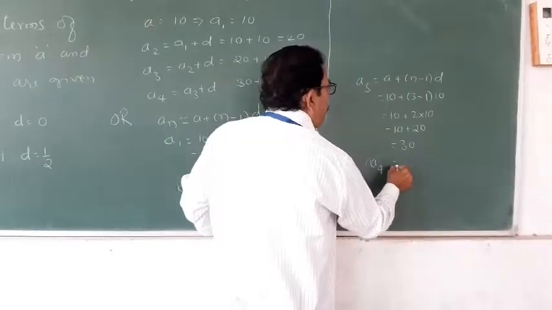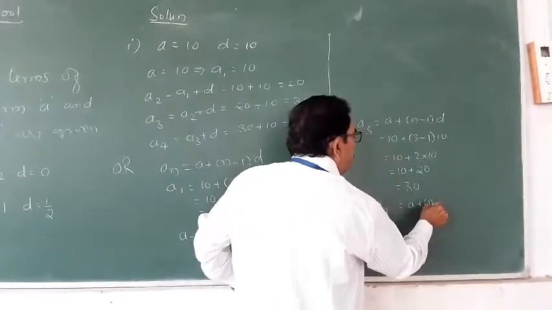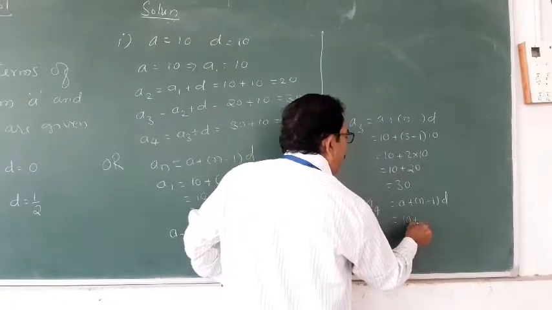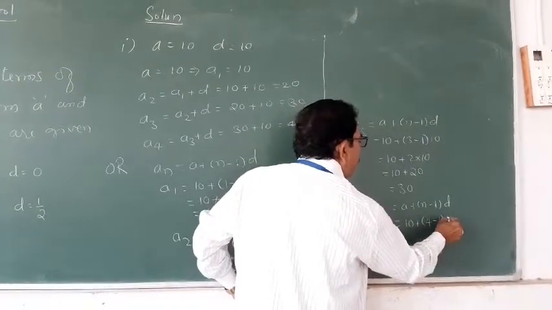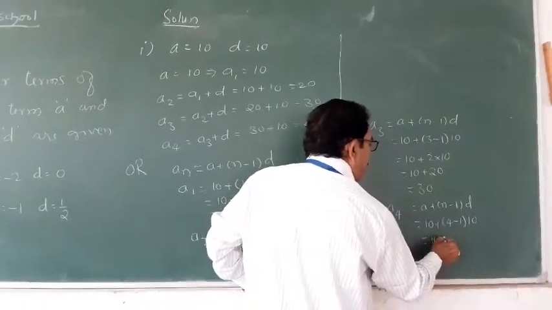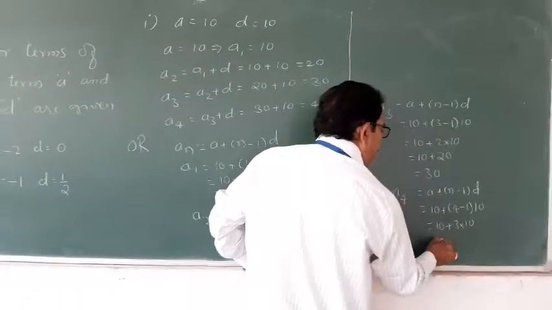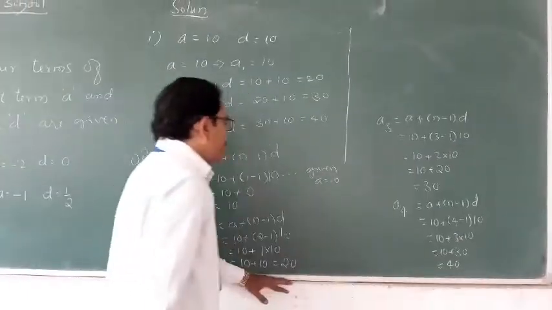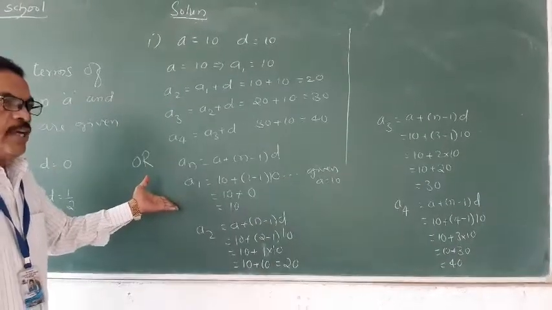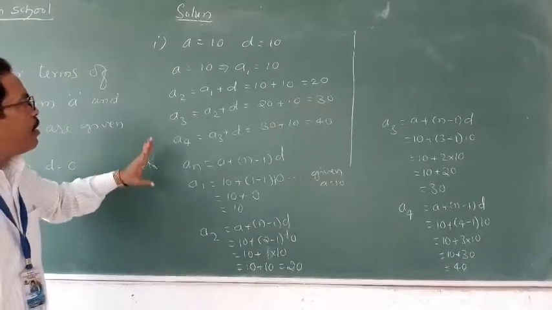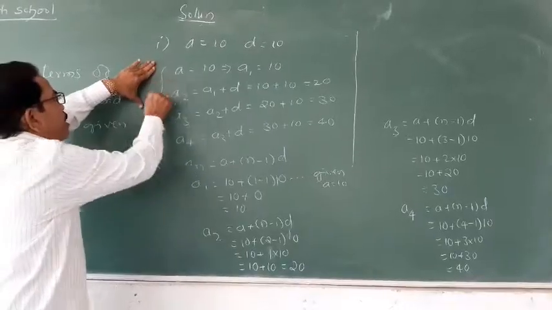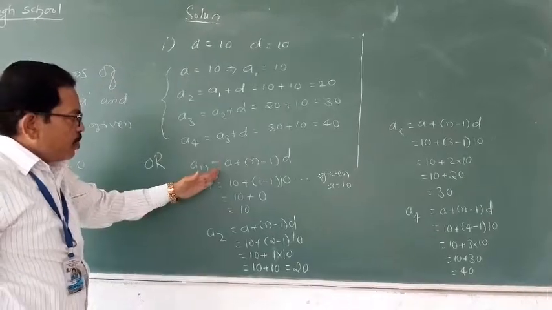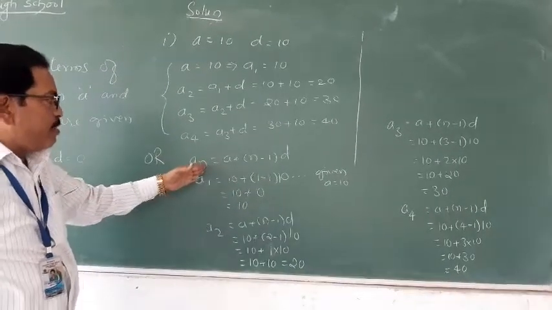Similarly, A4 equals A plus (n minus 1) into D, that is 10 plus (4 minus 1) into 10, 10 plus 3 into 10, that is 10 plus 3 tens are 30, that is equal to 40. This is also an alternative method, and this method is very easy to find the next terms.